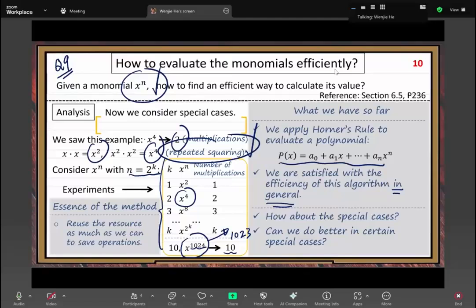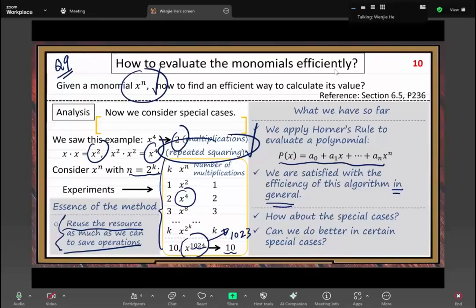So the main idea here is, when we try to improve our computation, a very important idea is to try to reuse your computation resource as much as you can. The more you can reuse, the better your efficiency. That's the general idea. Okay?